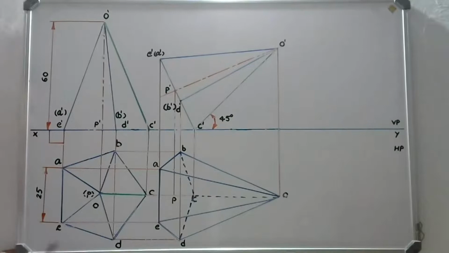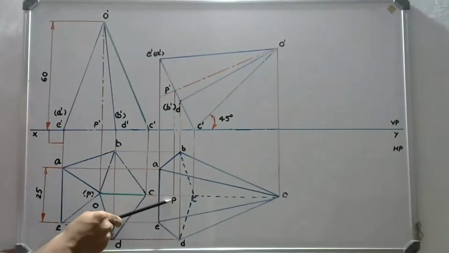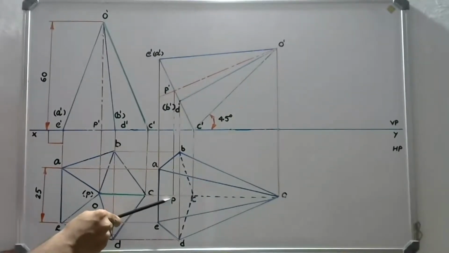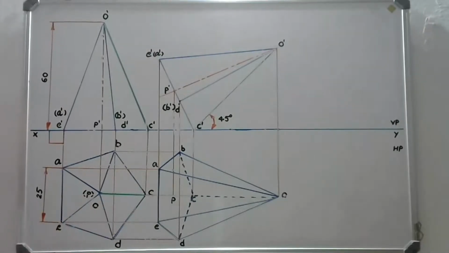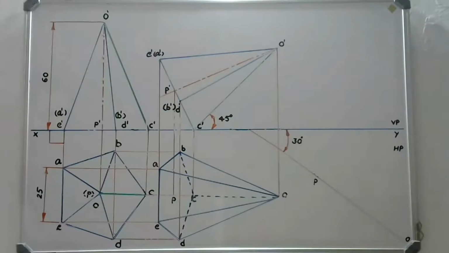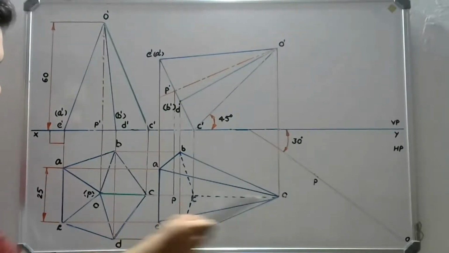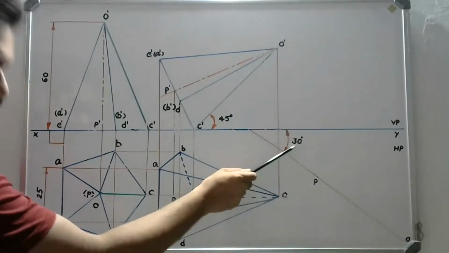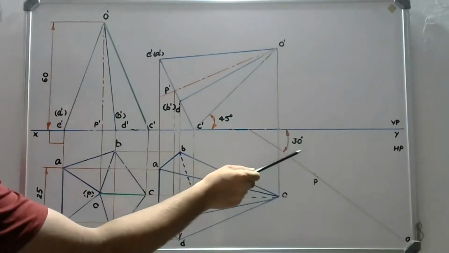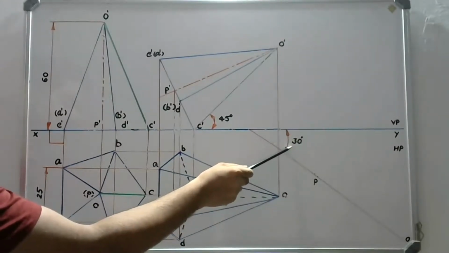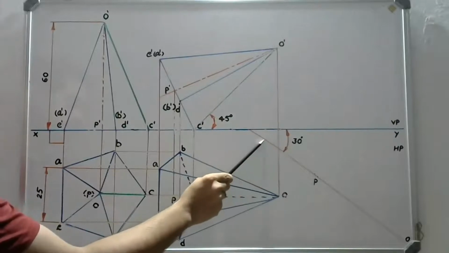Now we are going to tilt the parallel axis PO to 30 degrees. The top view of the axis PO is now inclined to 30 degrees with VP. We created a 30 degree line.